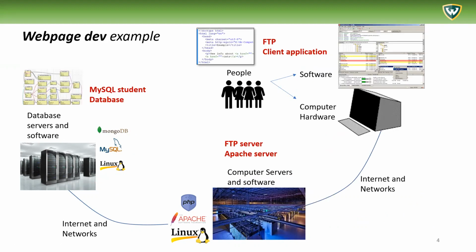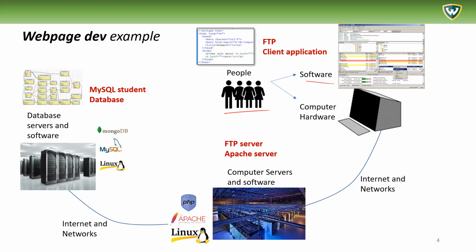Here, I wanted to go over a brief example of how we have already operated components of this ecosystem. When we were creating our web page in our website project, we used the FTP client application that was running on our computer, which is a software program.